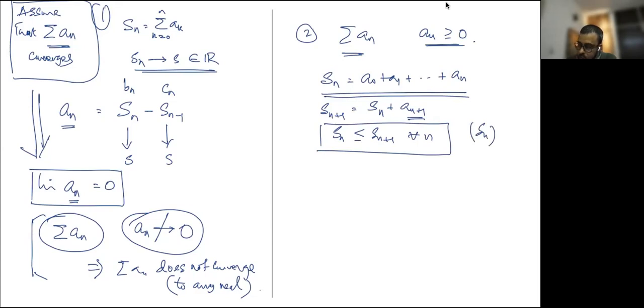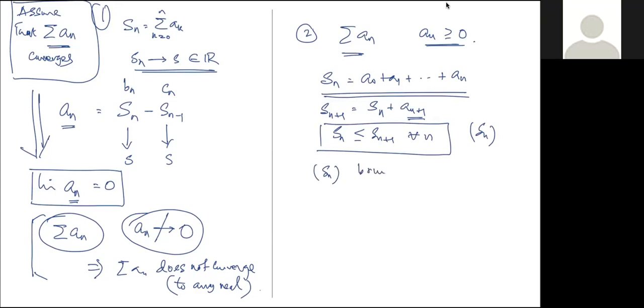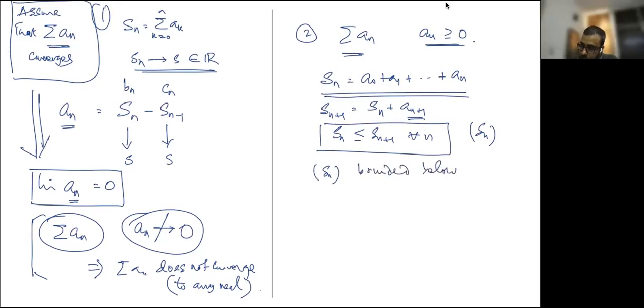So what can we say about this? It is bounded below. Because the initial term, every subsequent term is bigger than that. Okay, that is one. Anything else? It converges if it is bounded above.